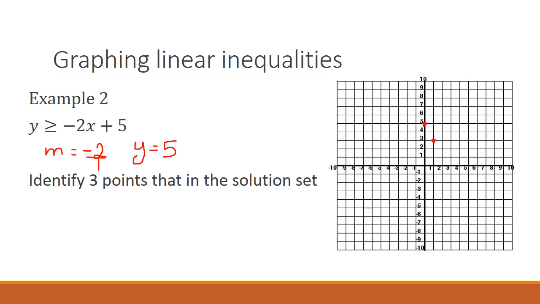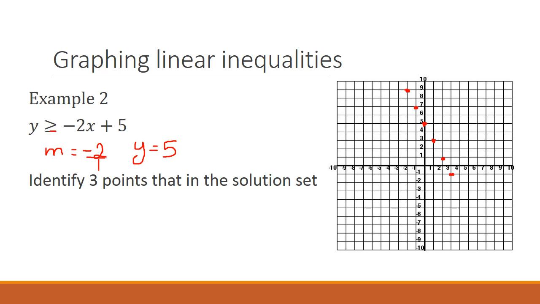Two down, 1 to the right, 2 down, 1 to the right. Then I'm going to go the opposite way: up 2 points and 1 to the left, up 2 points and 1 to the left. So now I have these points that represent the equation y equals negative 2x plus 5.